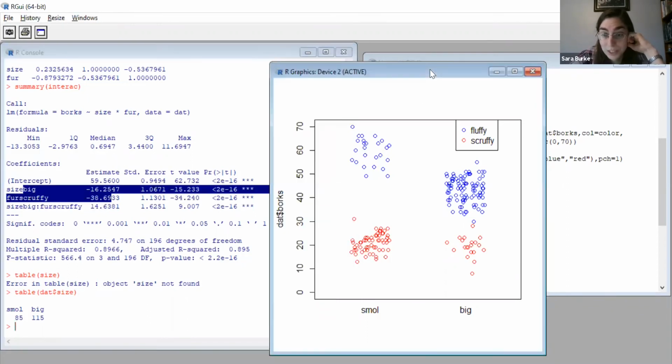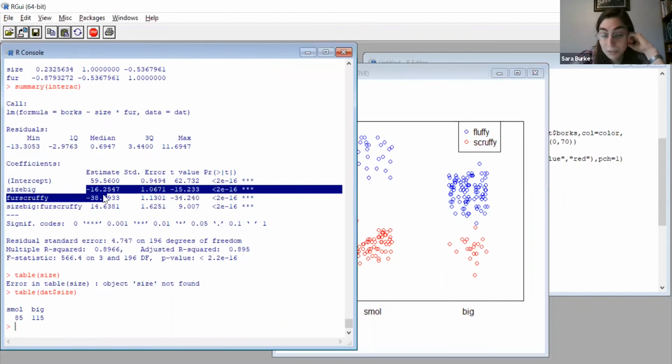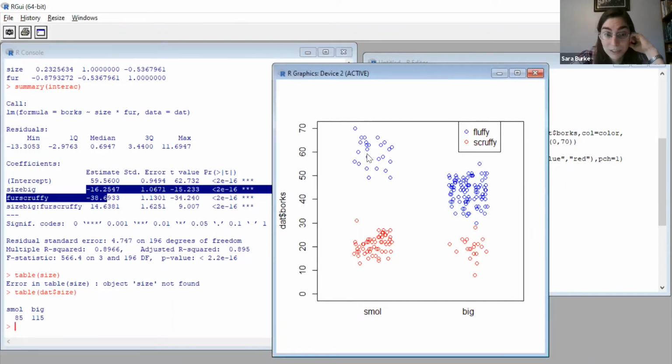So let's say I wanted to guess the location of the big scruffy dogs. If all I knew was this, then I might be tempted to guess that I have to go down 39 and down another 16, and I would be way down here. If I was just adding together the simple effects of the size and the fur, I would end up down here, and I would be wrong in estimating where the big scruffy dogs are.